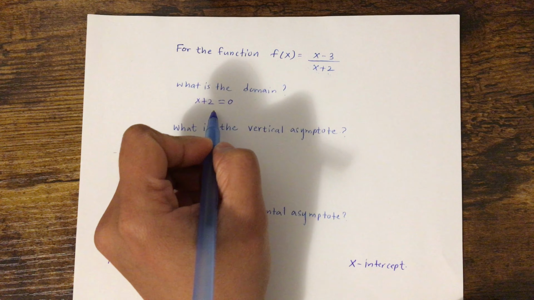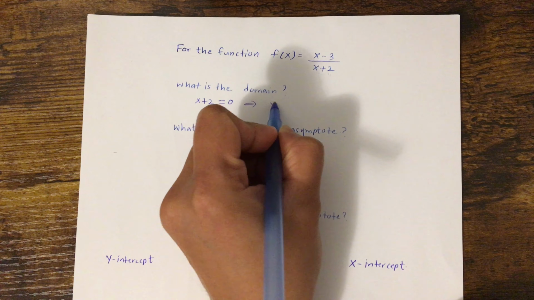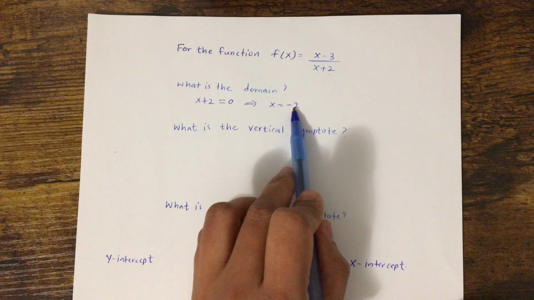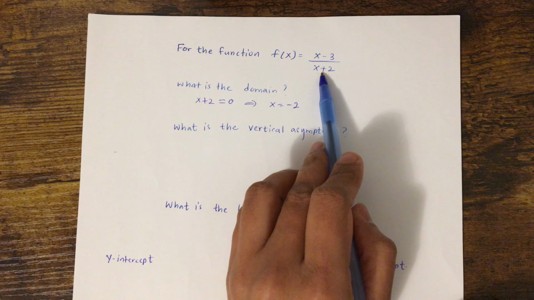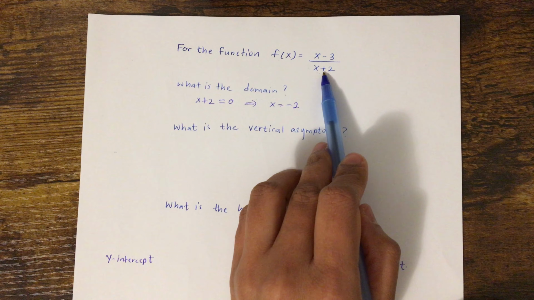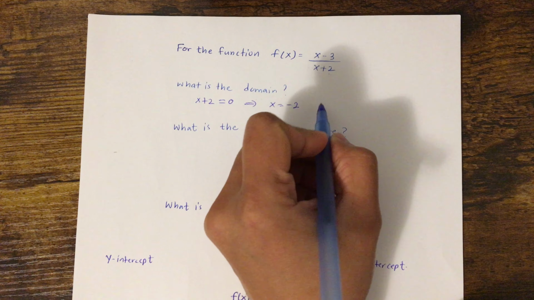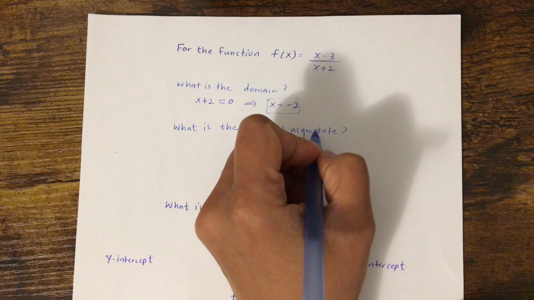If you solve, you get x equals negative 2, right? At x equals negative 2, the denominator is 0. That means your function goes to infinity. So in that case, you have to remove this x equals negative 2 from your domain.